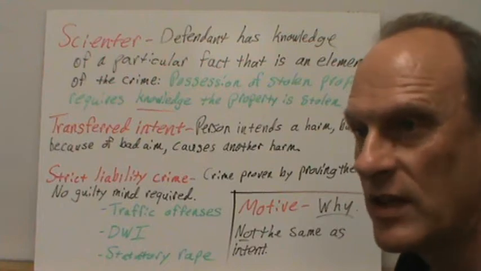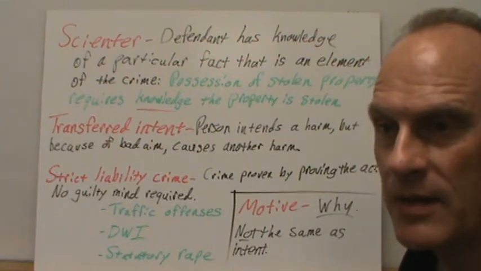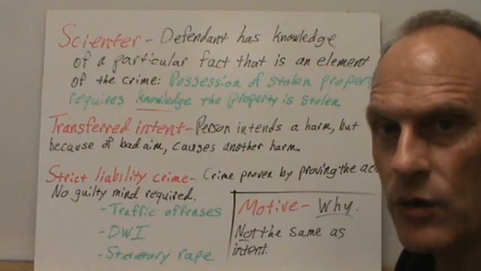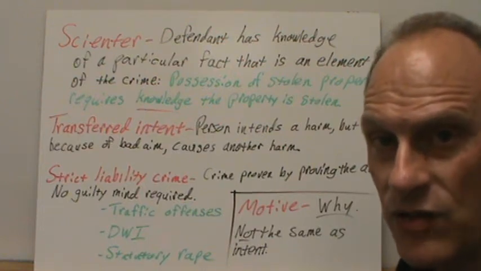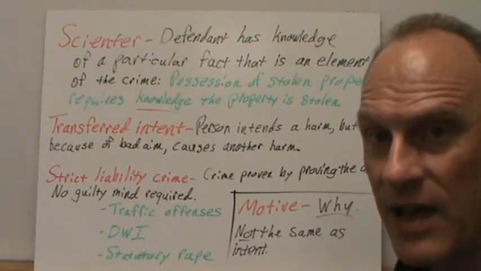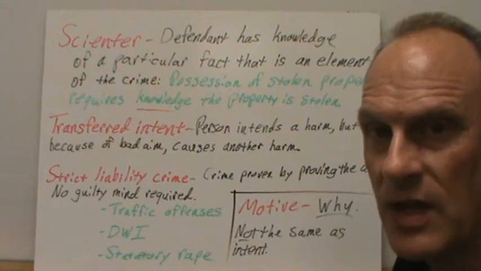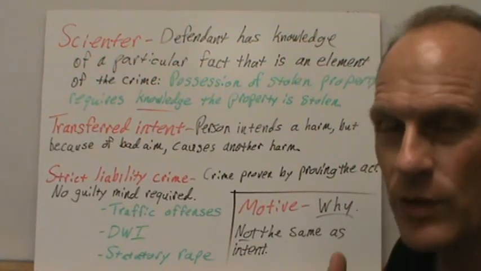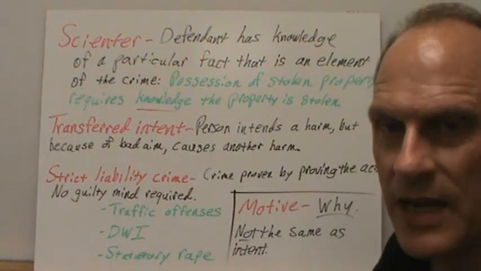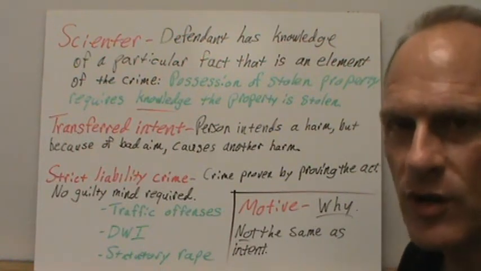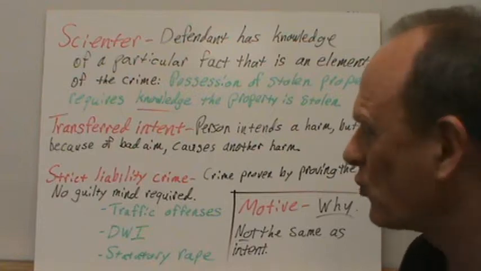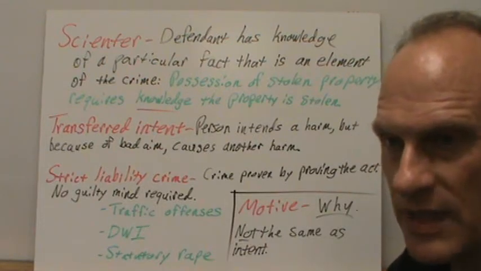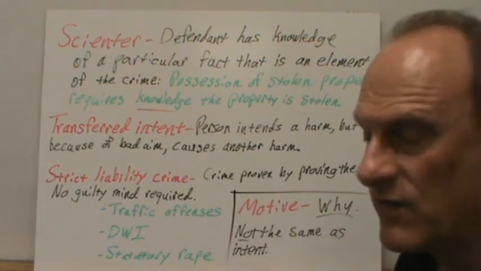Lower level offenses like city ordinances frequently, or traffic violations, don't have a particular intent that is required. Like someone doesn't have to prove that you intentionally ran the stop sign in order to charge you with running the stop sign. It's a strict liability crime. You did the act, then you're convicted of it.